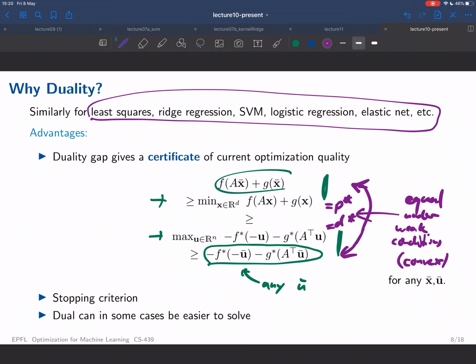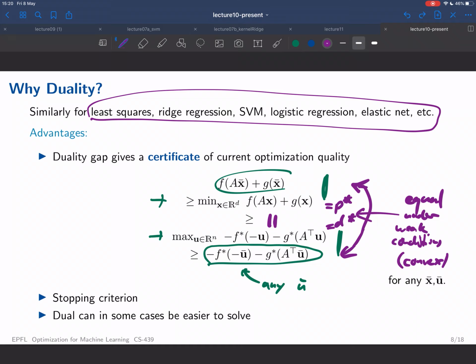And if you have convexity plus a very weak condition on these f and g's that are well behaved and convex, then the optimum of the primal and the dual solutions are equal. And of the approximations you have, the primal one is higher and the dual one is lower than this magic unknown value.